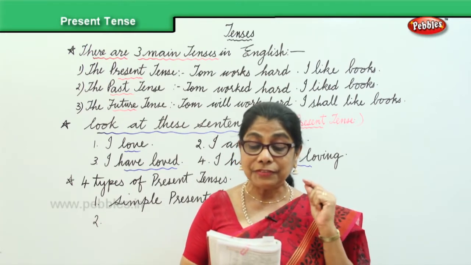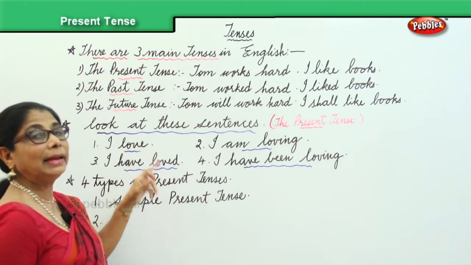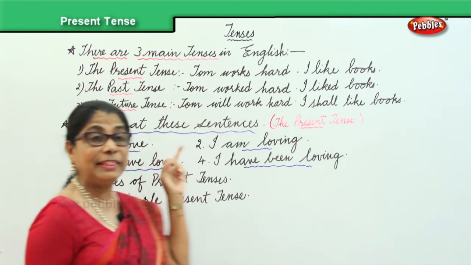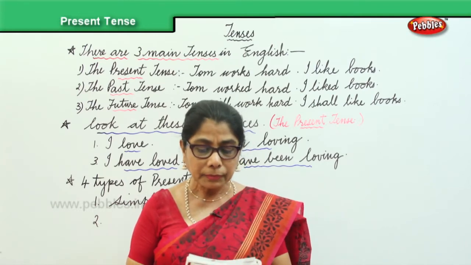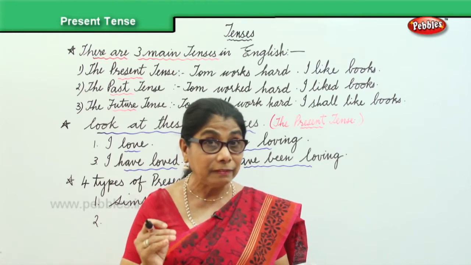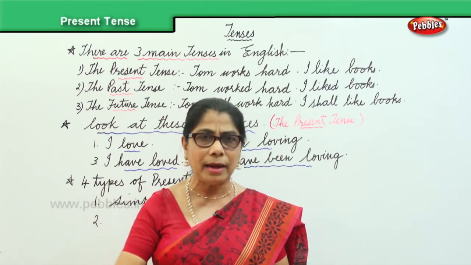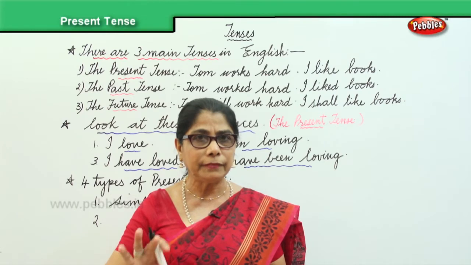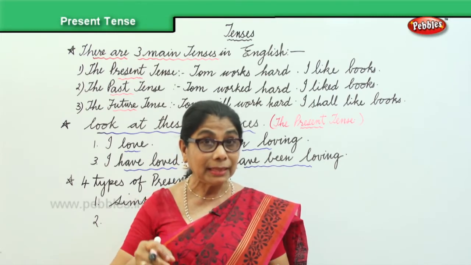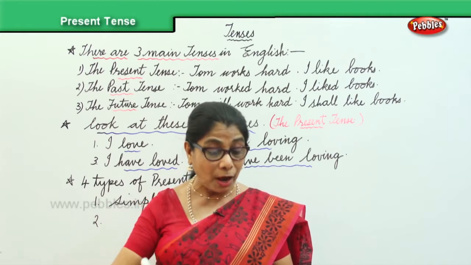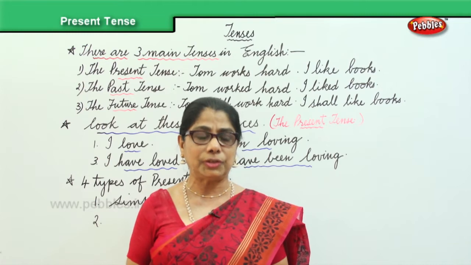In the first sentence, the verb is love. Let's look at the verb in the first sentence, I love. The verb love expresses the action done in the present time, now, without indicating the state of the action.